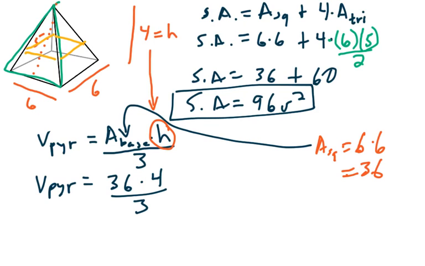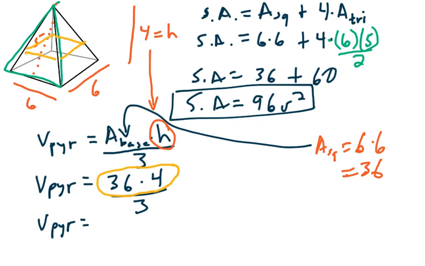Okay, so now here's something to think about. If this was a cube with a square of 6 on the bottom that carried through, if it was a prism, there would be your answer, 36 times 4. So the only difference is it's a pyramid.